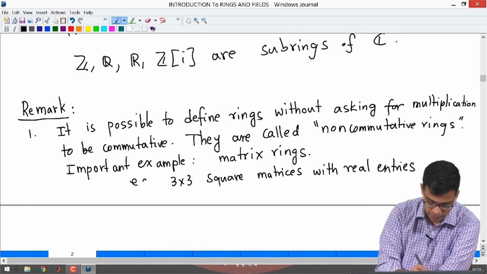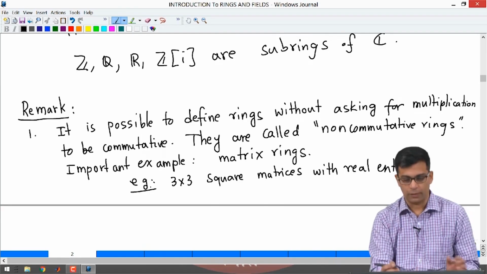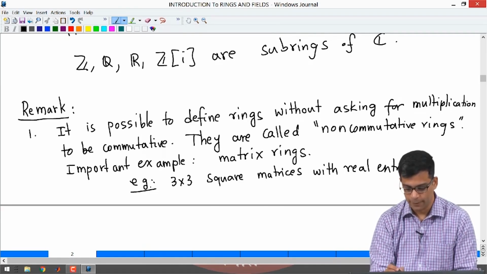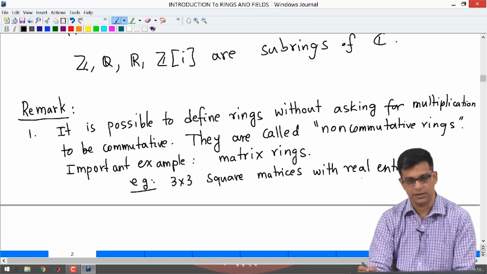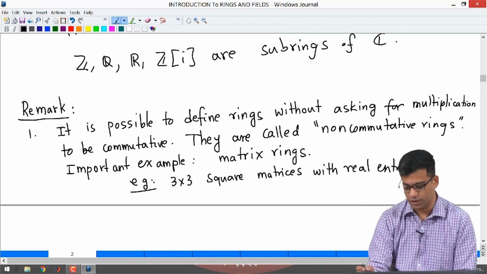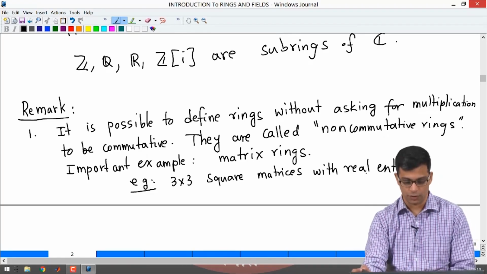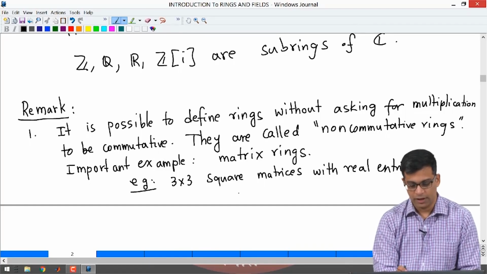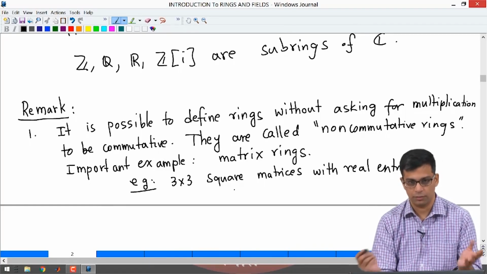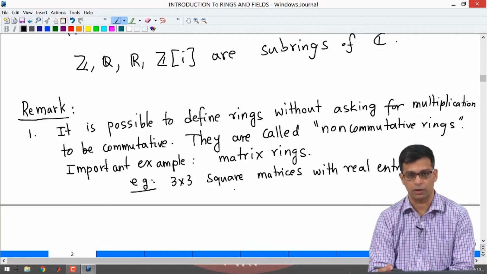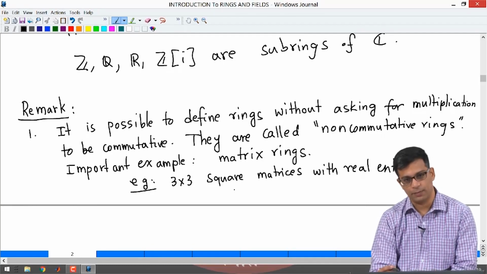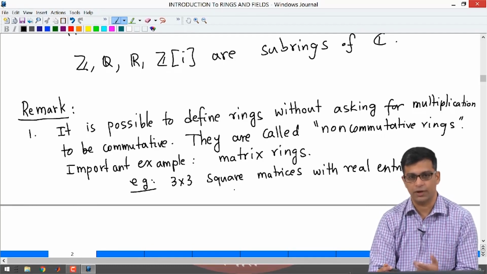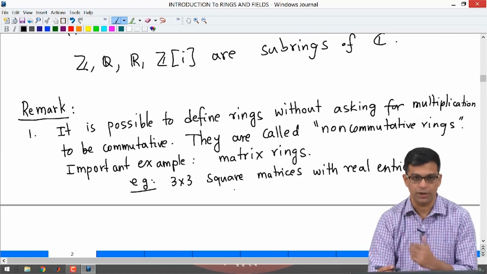So, this is just an example. You can take any size square matrices with any entries in any ring, in fact, say integers, reals, complexes, rational numbers and so on. So, see here also you can add under addition, it is a perfectly good abelian group. You can multiply matrices, it is associative, it has identity element, but it is not commutative.